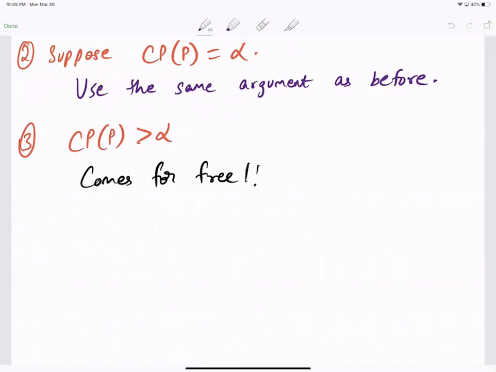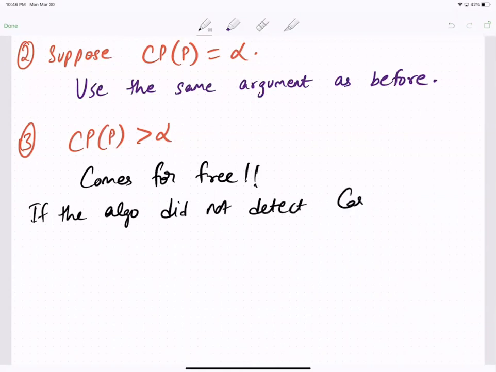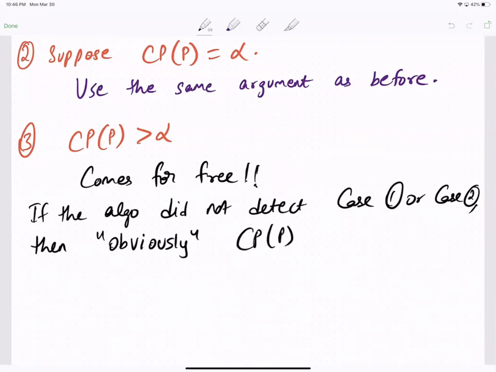Well, if the algorithm cannot detect case 1 and case 2, then obviously you're in case 3. The algo did not detect case 1 or case 2, then obviously closest pair has to be at least alpha. And that finishes the proof.